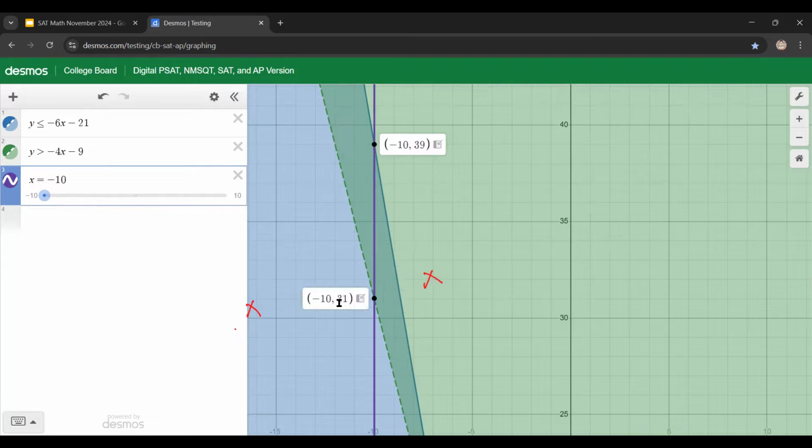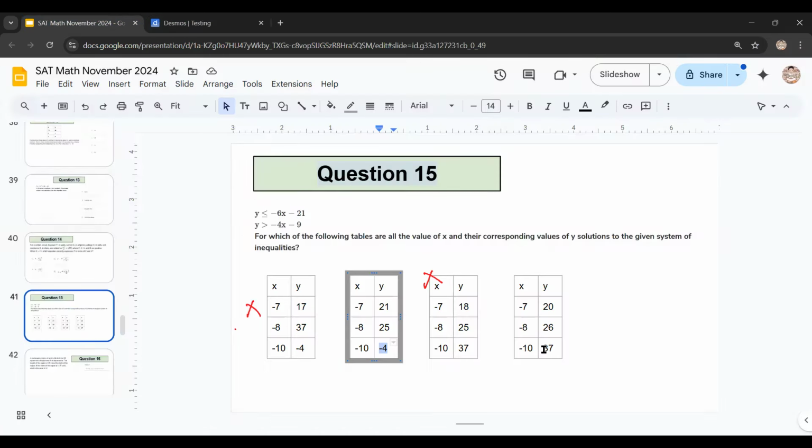So 31 to 39, but 31 excluded. 37 falls in that. So this is not possible. This is possible, this is possible, this is possible. So that means our answer is option D. This is our answer.